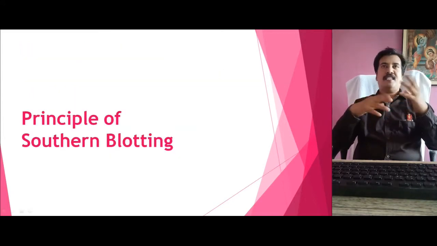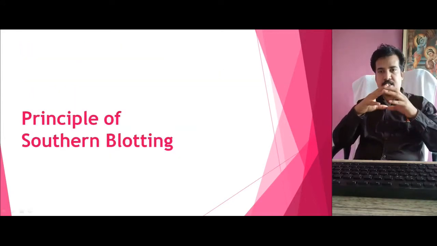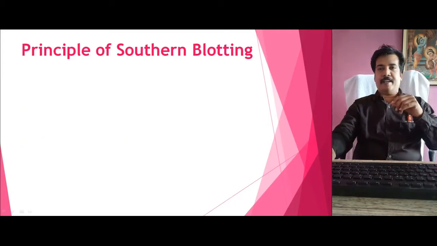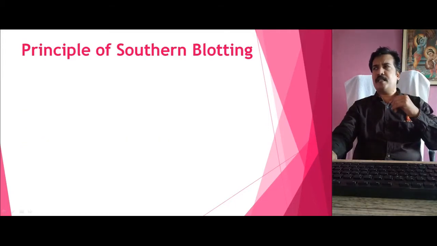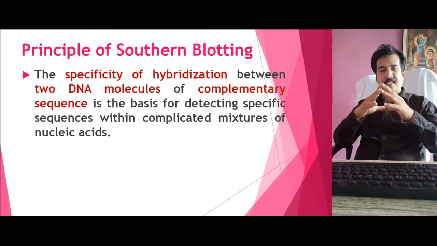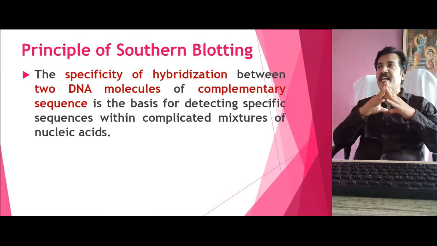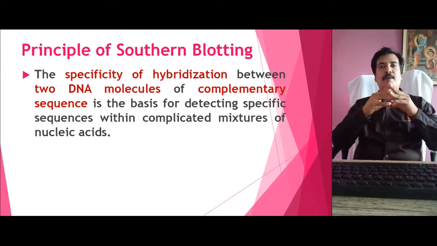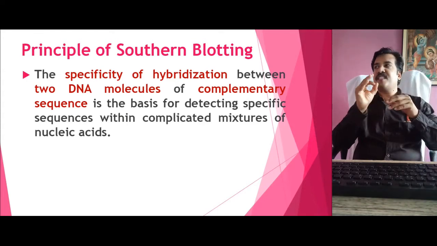Then we understand the nature of how southern blotting works, and the principle behind it. The principle of the southern blotting technique is the same as what I told about DNA hybridization. Very precisely, the principle is specificity.